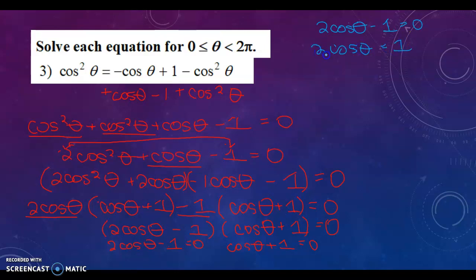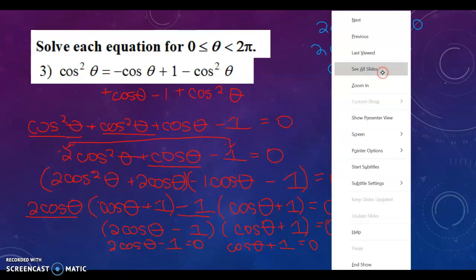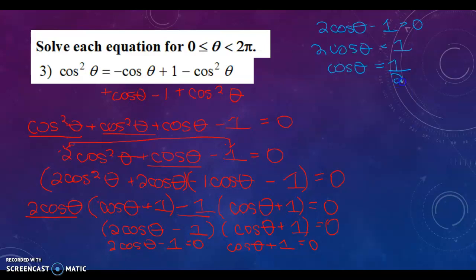Right, and then to get rid of that 2, I'm going to go ahead and divide it out from both sides. And I end up with cosine theta equals 1/2. All right, so now I can solve for this first value. All right, cosine theta equals 1/2.